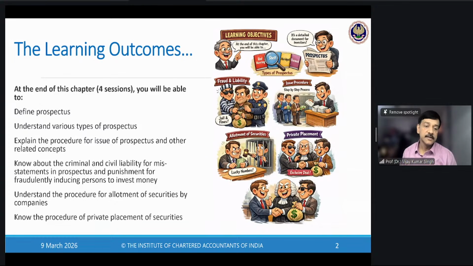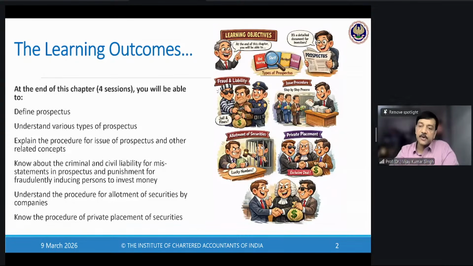We will discuss that, and you should be able to know what the civil and criminal liabilities are, and what the punishment is for fraudulently inducing a person to invest money in a company by way of a wrong prospectus. And you should be able to understand the procedure for allotment of securities by companies.